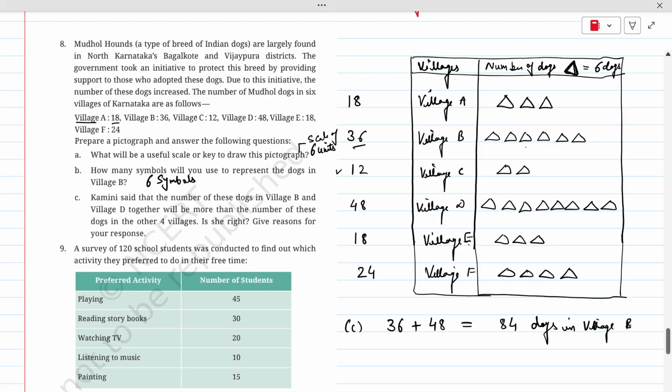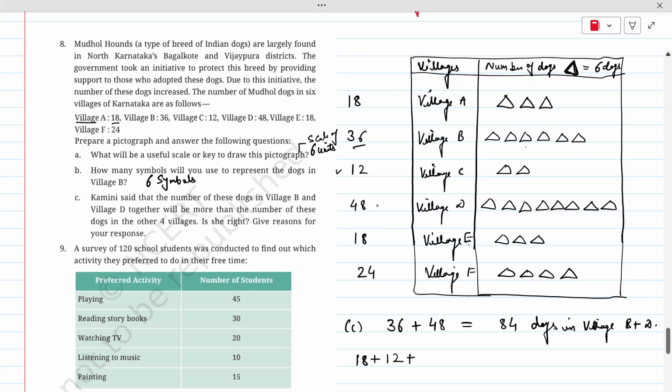B and D. Right? Now, Kamini is saying that this number is greater than the number of dogs in other 4 villages. So, what are the remaining villages? Village A with 18 dogs. B we have added here. C is with 12 dogs.